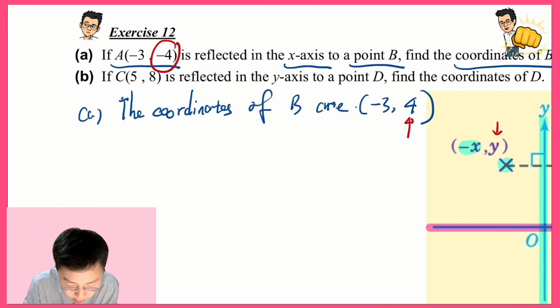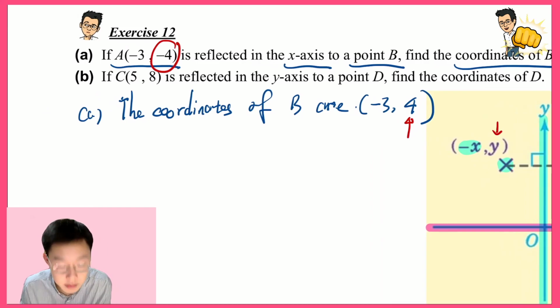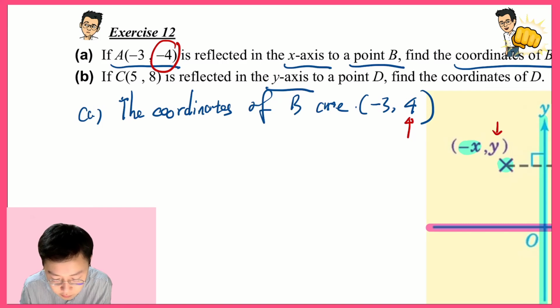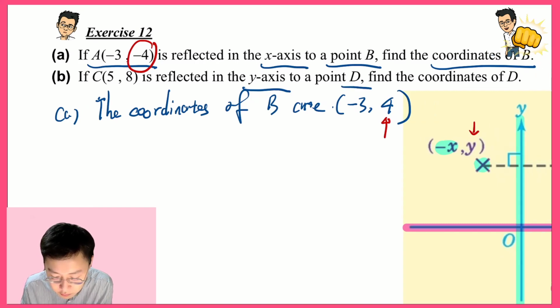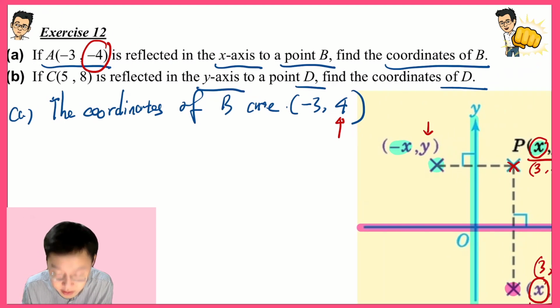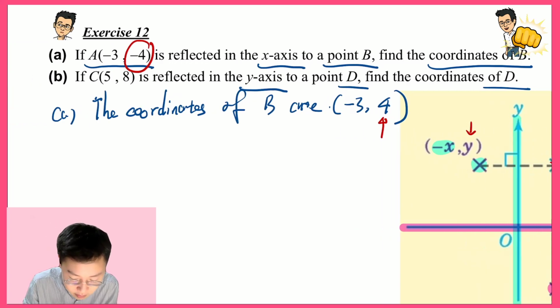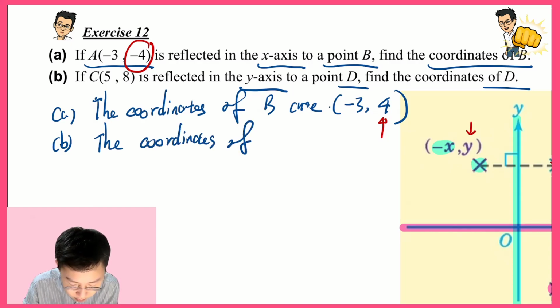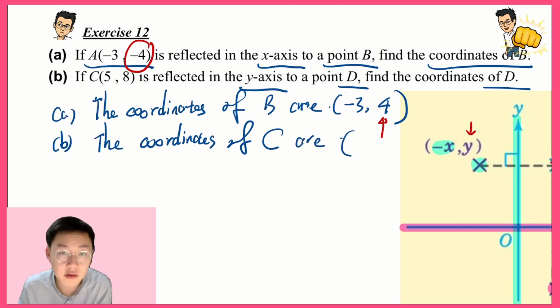And let's see part B. Point C is reflected in the y-axis to point D, and it asks you to find the coordinates of D. Let's write it down. For part B, the coordinates of C are given.